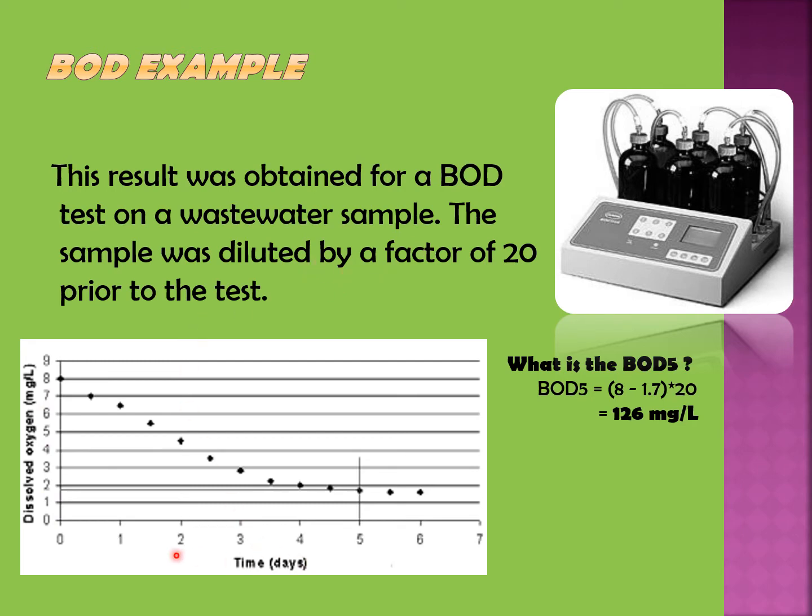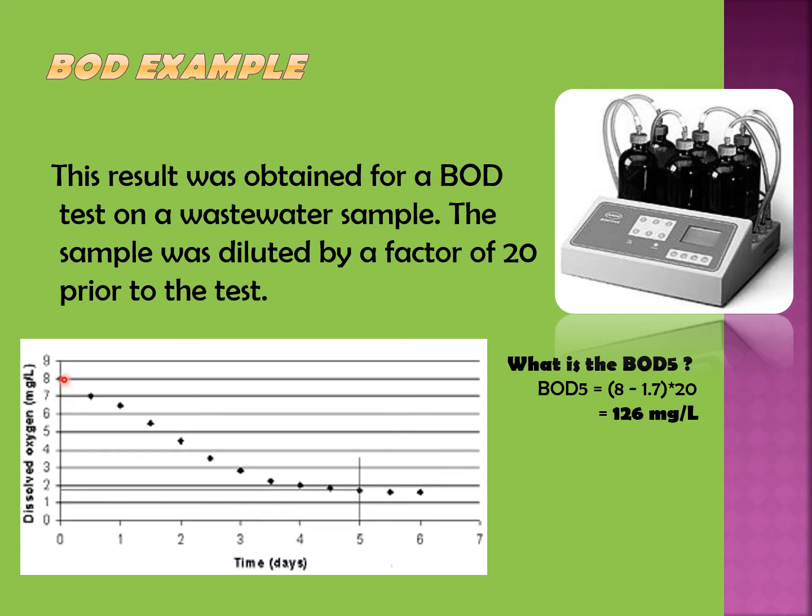When time t is 0, at the start of the test, the dissolved oxygen was 8 mg per liter. After 5 days, the dissolved oxygen stands at 1.7 mg per liter. We have taken 5 days as BOD is normally carried out in a 5-day incubation period.